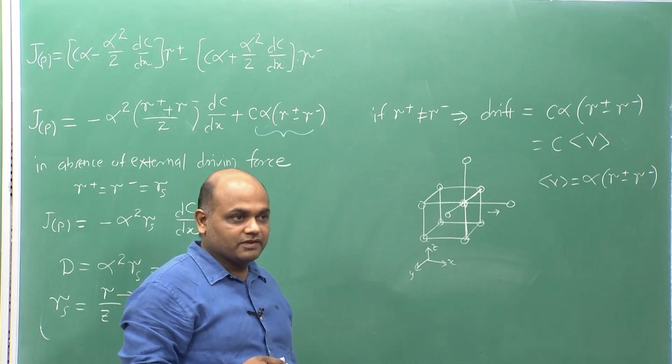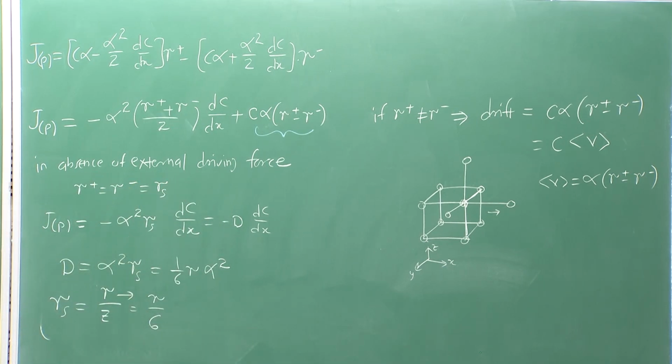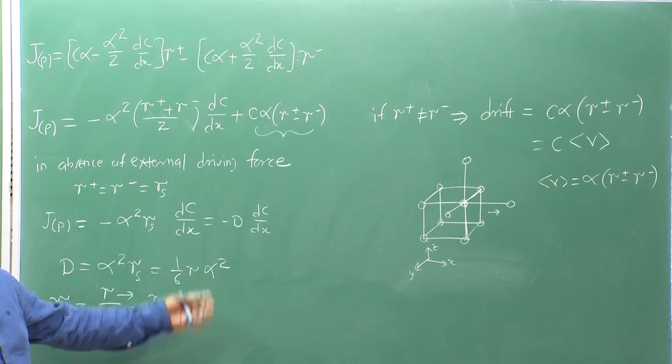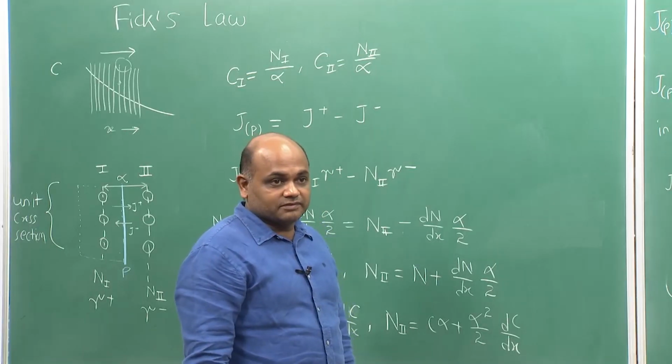Okay. So, this is how the discrete atomic jumps will give rise to the net diffusion flux down the concentration gradient. Right. So, we have linked the atomistic random jump model to the phenomenological equation of Fick's law.